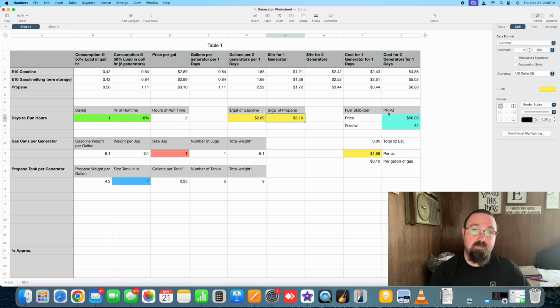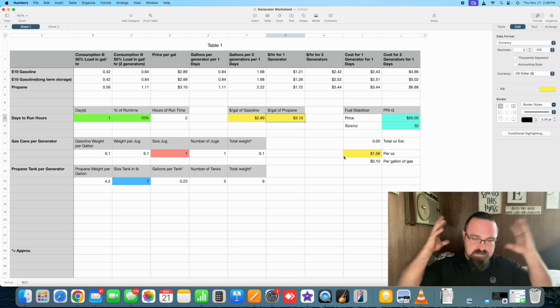The one that got the best reviews, to my knowledge, is this PRI-G. It's expensive, but this will also tell you exactly how much you're going to be using based upon their recommended percentage of use per gallon. So you'll know how much that breaks down in cost.